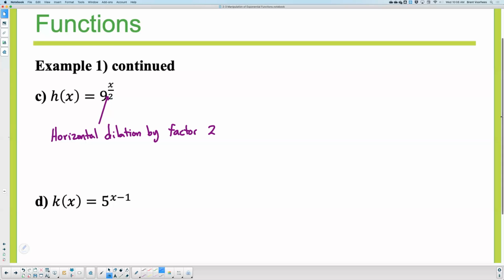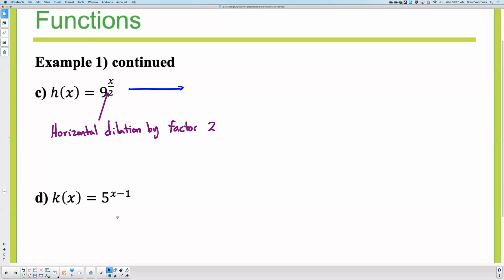Okay, so now let's break this down. What property could I use here? I didn't see it. Okay, so 9 to the power of x over 2. How could I rewrite that? I could rewrite it like this: 9 to the power of 0.5 times x. You can think of it as that, or even as a fraction. Is everybody cool there? Yeah. Now, what property do I have when I have a power multiplying with another power? Look closely at the properties.